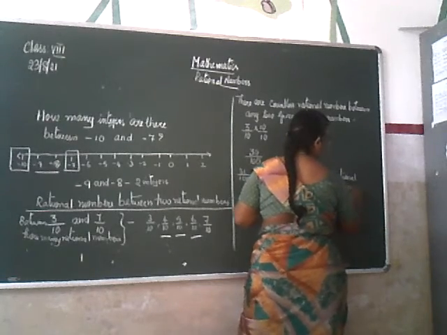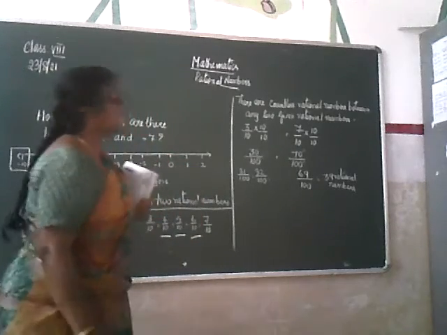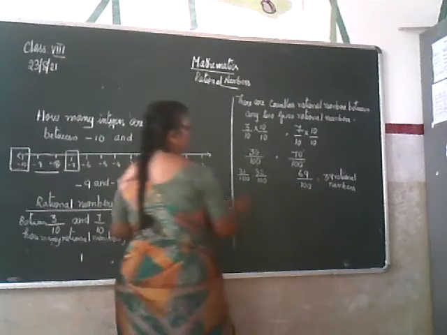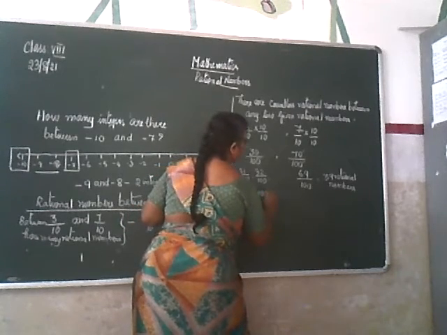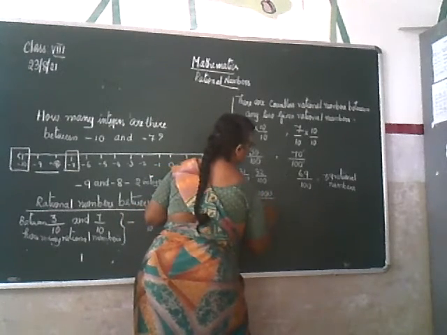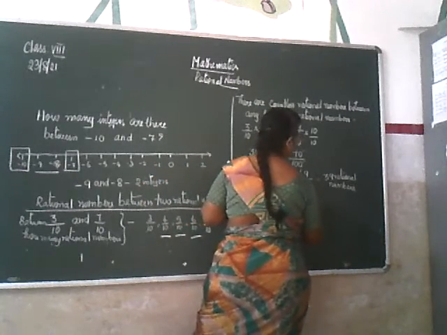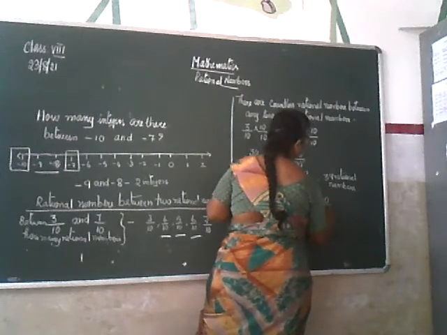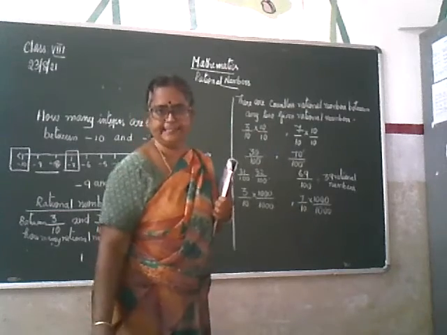So first it was 3, now it is 39. So instead of 10, let me multiply by 1000, because if 1000 goes again, I will get 3 by 10 and 7 by 10.